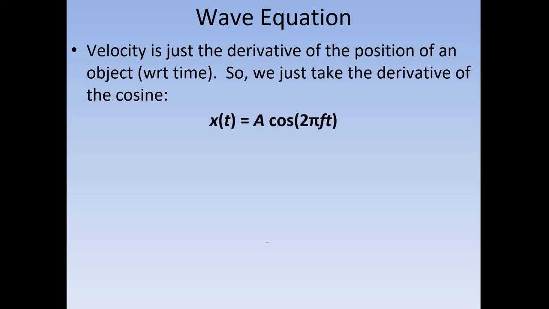So taking the derivative of a cosine curve, you multiply the coefficient by the derivative of what's inside, which is 2 pi times frequency, and then the cosine turns into negative sine. So in the end, you end up with the velocity being negative A times 2 pi frequency sine of 2 pi frequency t.